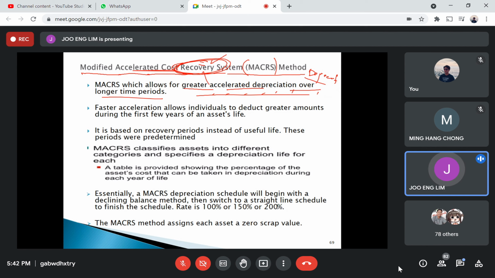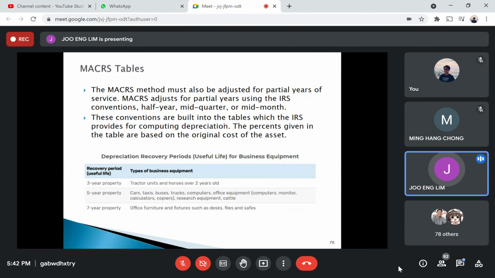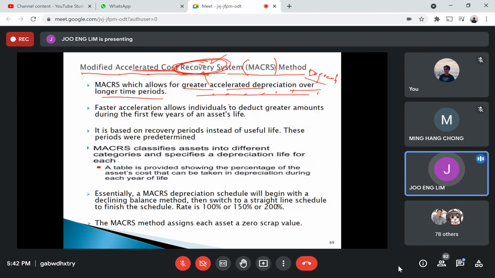That is the reason they put the word recovery. For sum of the year digits, double declining, we still have to calculate the percentage of the N, right? But with this one you decide how long you want to take to depreciate your asset. So that is the reason recovery is used. Faster acceleration allows individuals to deduct greater amounts during the first years of the asset, right?